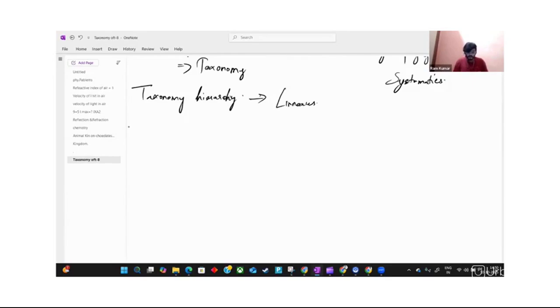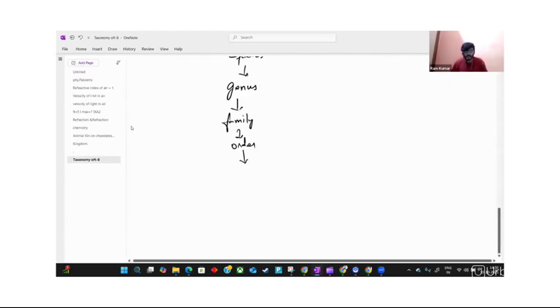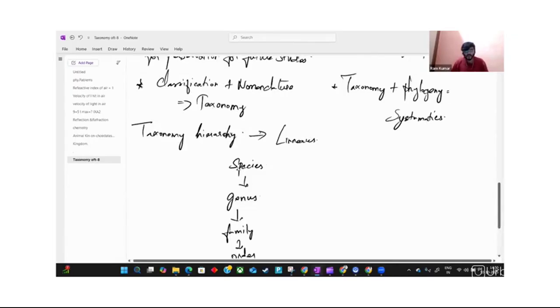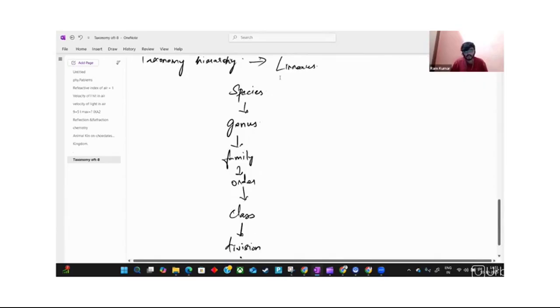He arranged the taxonomy of living organisms from species, then genus, then family, order, class, and finally division, and later kingdom. He classified the organisms under this hierarchy designed by Carolus Linnaeus.